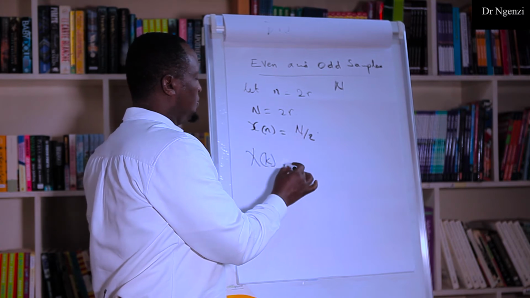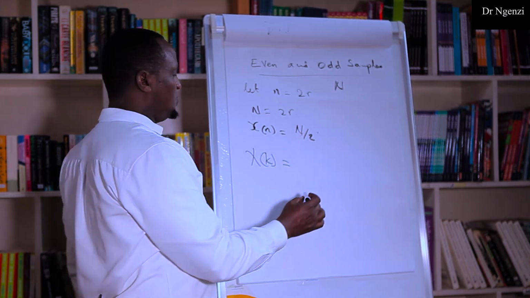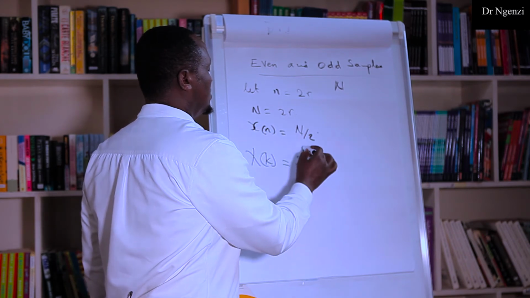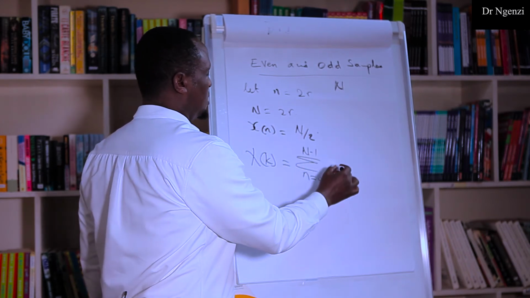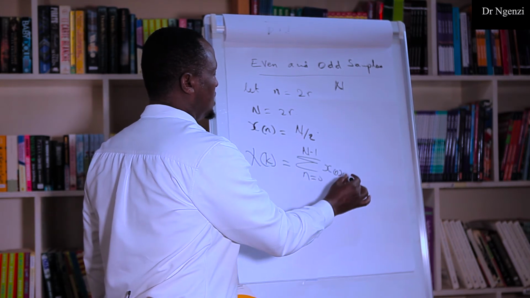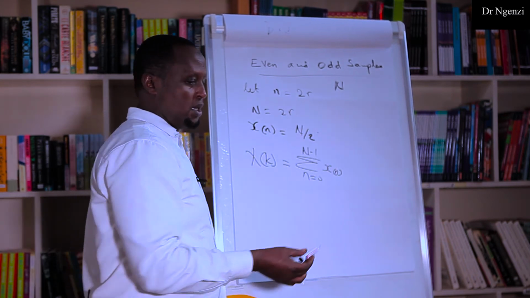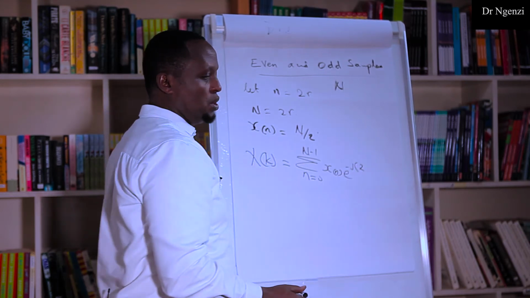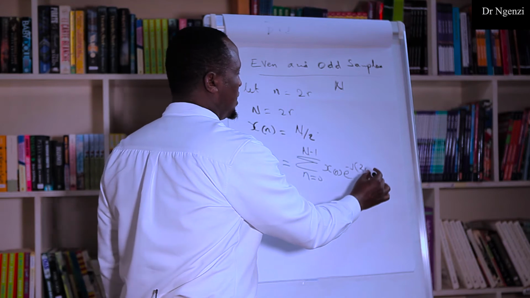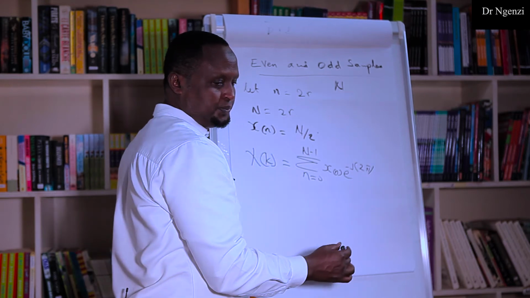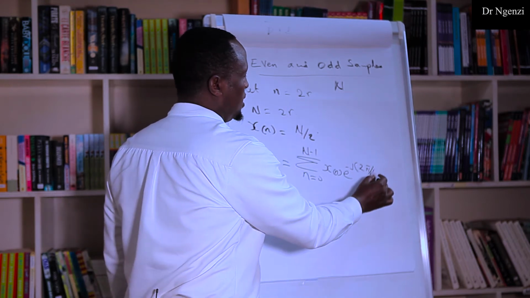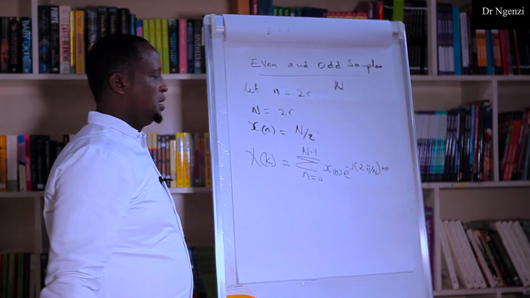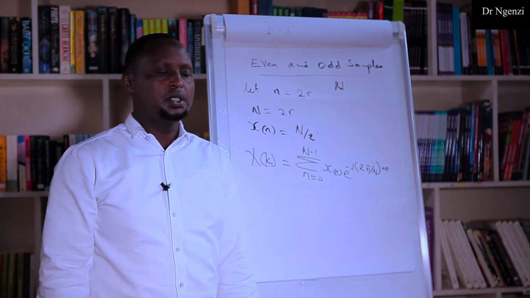Remember, we are still using our formula, the summation from n equals 0 to N minus 1 of small x of n times e to the power of negative j 2 pi over N times nk. It's the same equation that we used before.